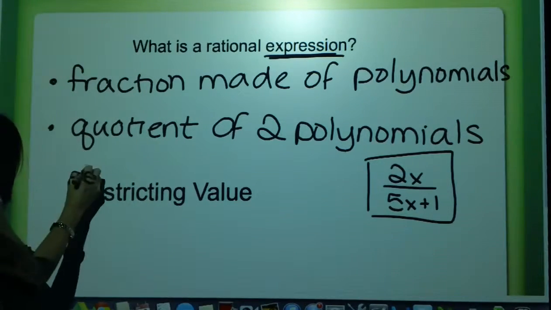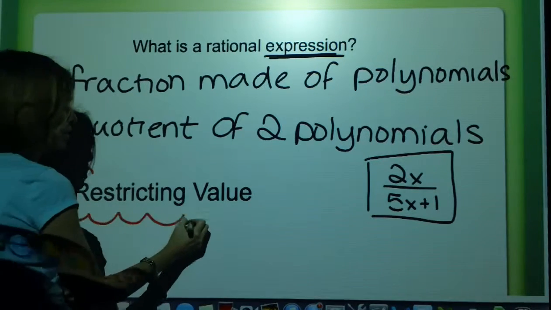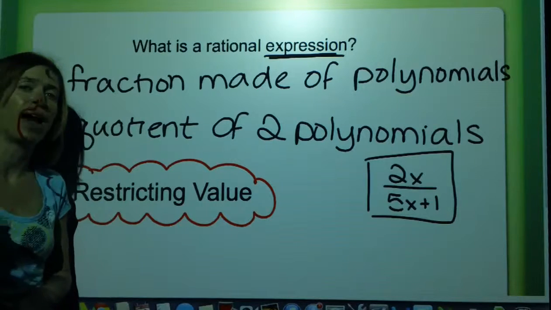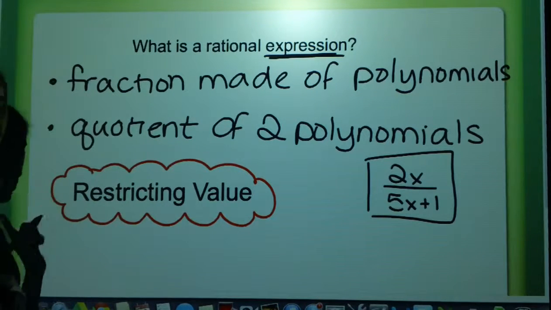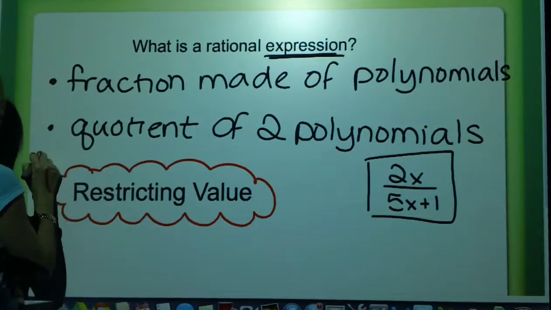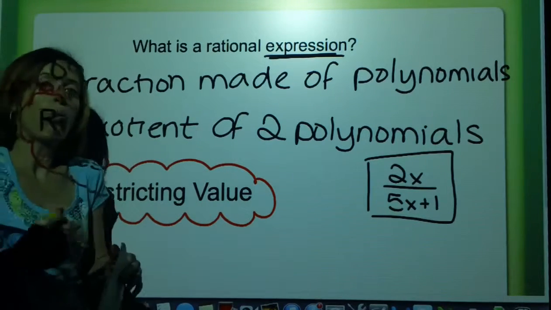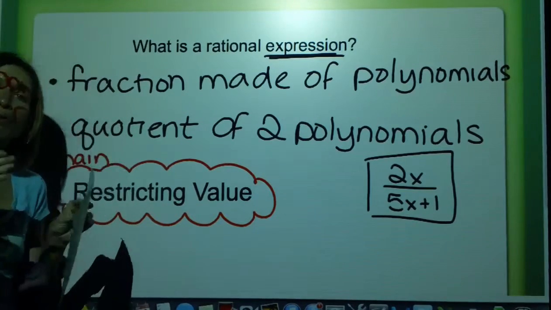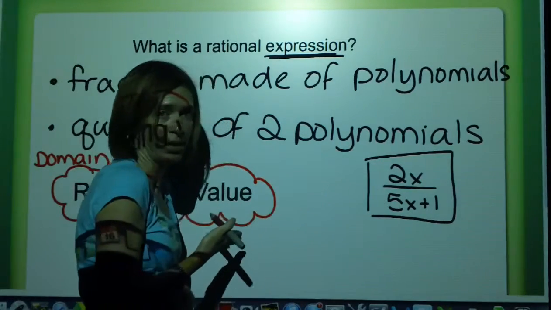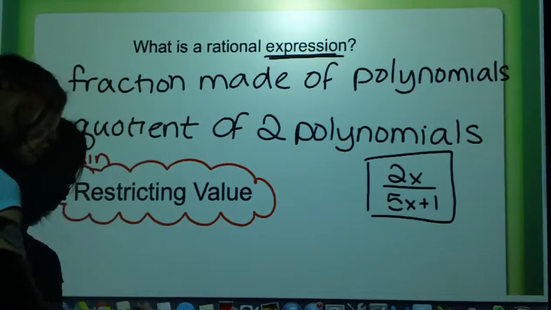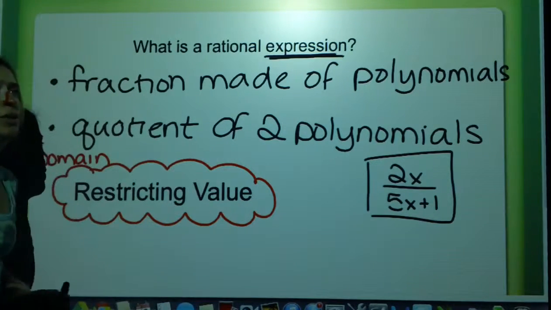But there's something that's important about rational expressions. Because they are fractions, they have something called a restricted value. Later on, we're going to be calling that restricted value a domain. The domain is really what x value I'm allowed to put into the expression that won't make it undefined. So let's talk about undefined for a second.